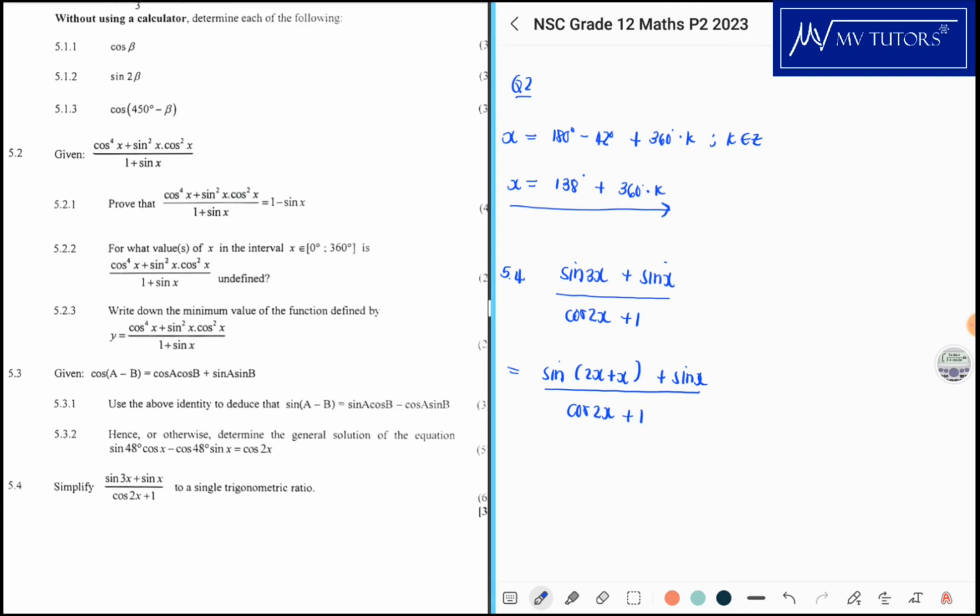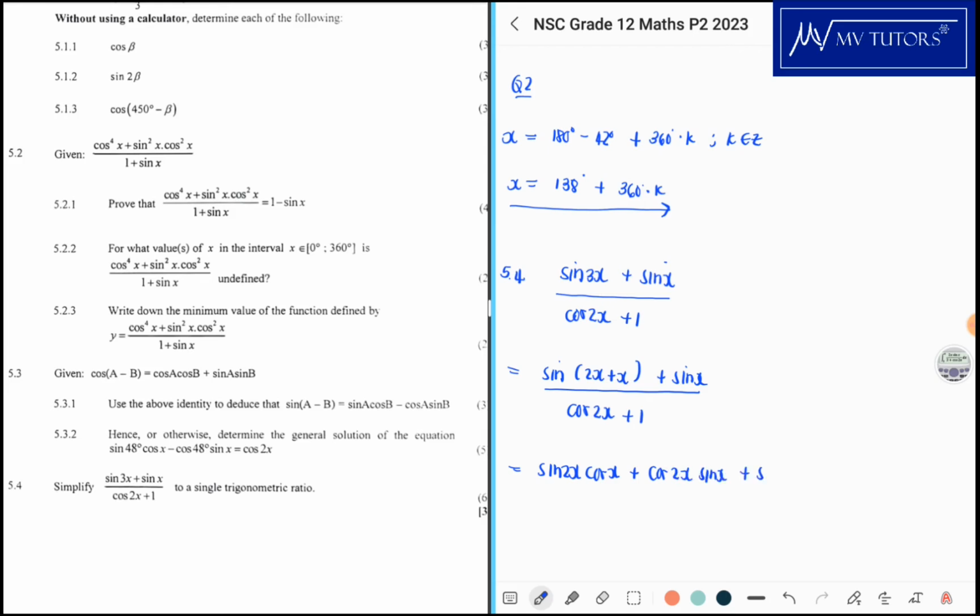I'm leaving it because cos 2x, the double angle of cos, is a busy one. There are 3 options for cos 2x. Let me see first how the numerator works out so that I can judge what to do with the denominator. So sine 2x plus x, I'm actually going to expand that. So I have sine 2x cos x plus cos 2x sine x.